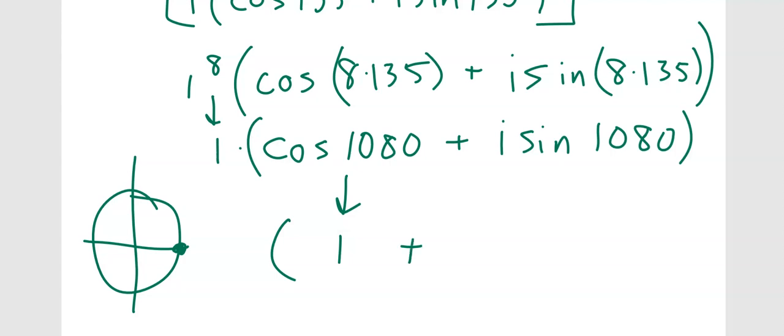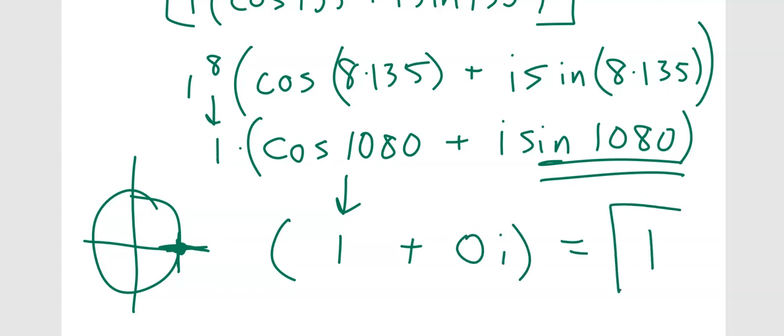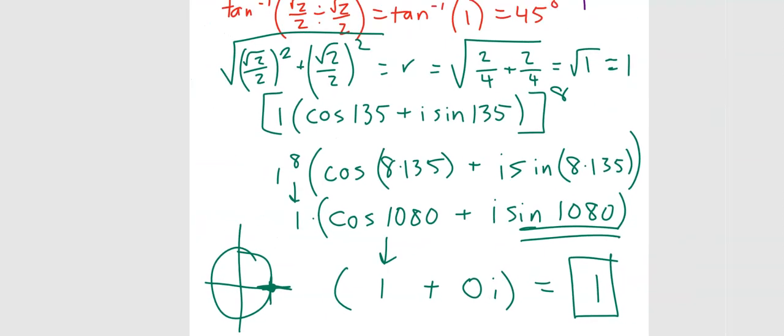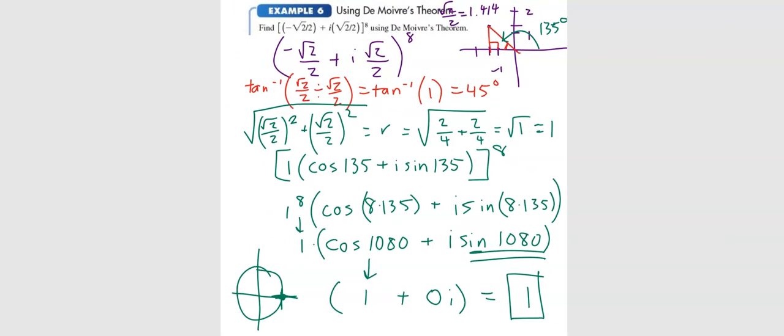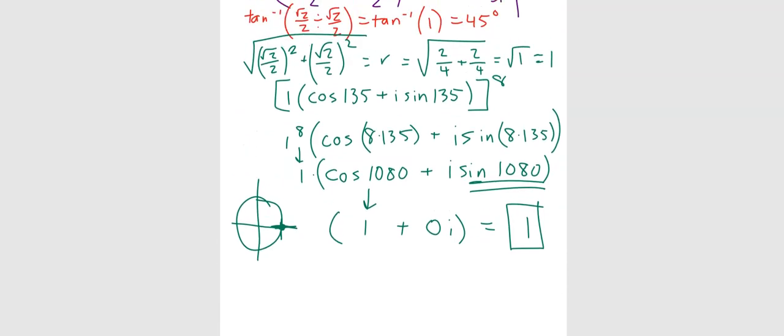And the sine, that's the y value, right? So cosine is x, which is 1, and the y value is 0. Oh my goodness. The answer to this question was 1? Yep, folks, that's true. When you took that thing and raised it to the 8th power, you got a 1. Now, those are the examples that we're focusing on in this section.